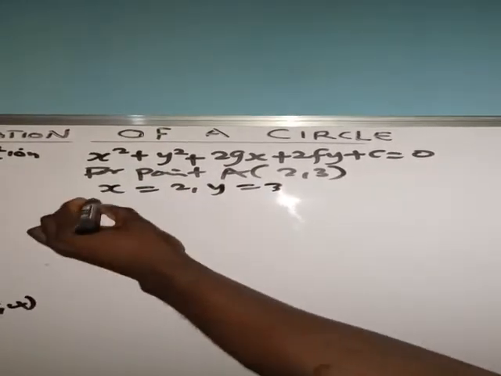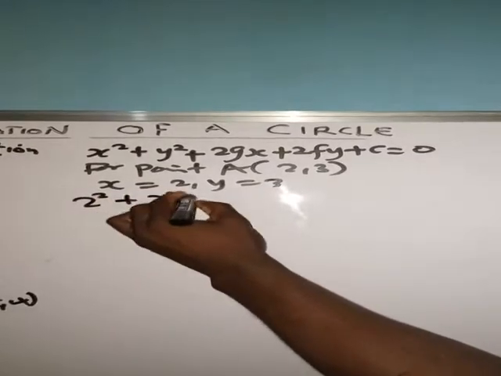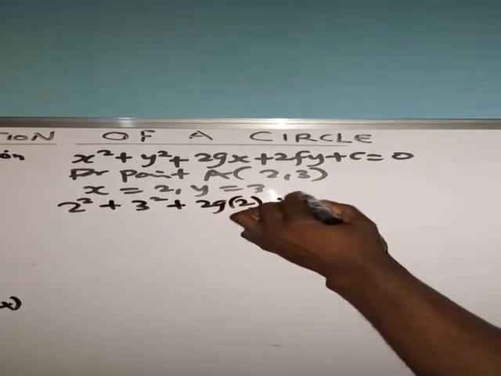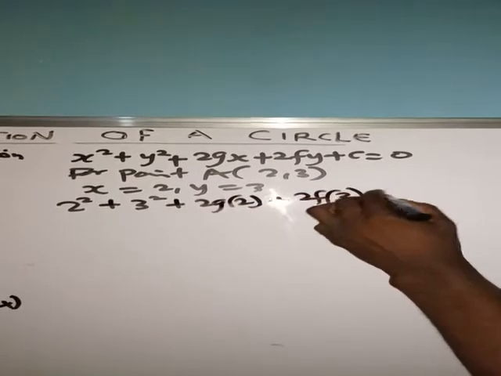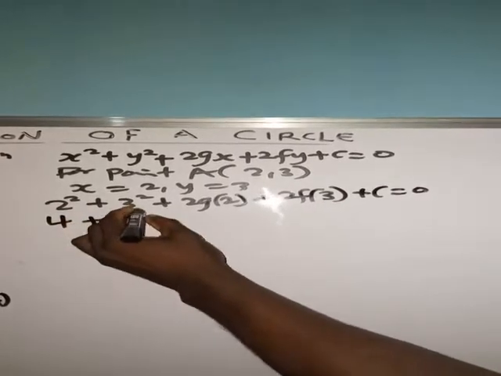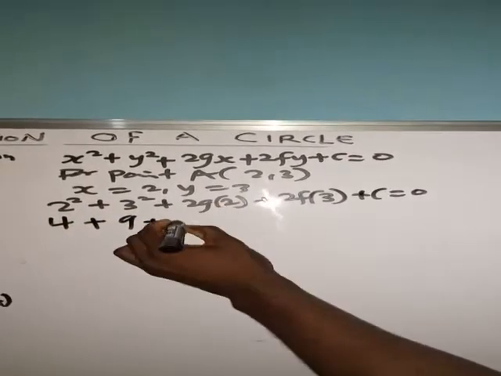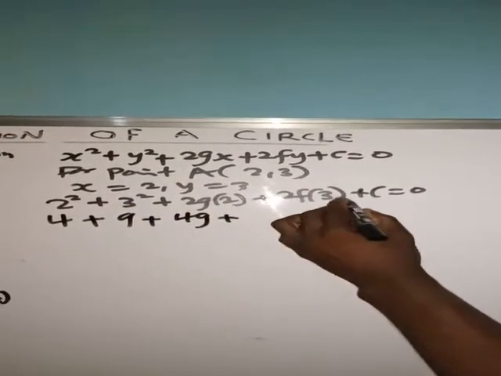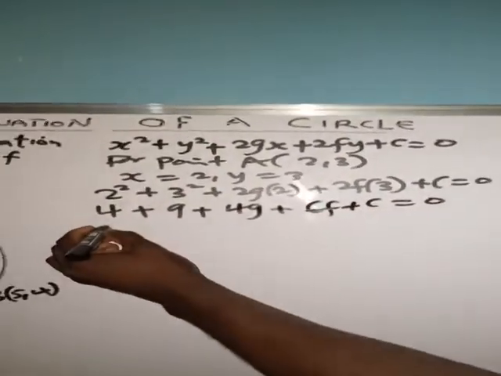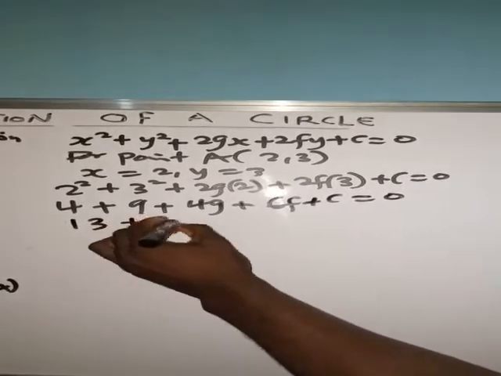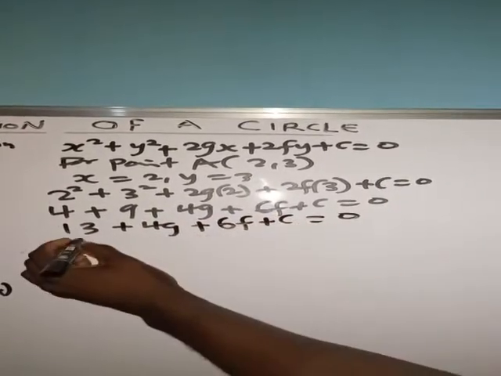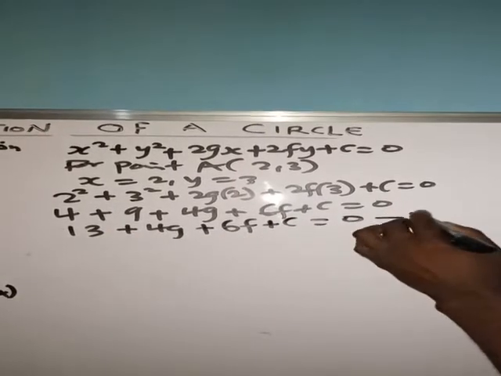So we have 2 squared plus 3 squared plus 2g times x, x is 2, plus 2f times y, y is 3, plus c is 0. 2 squared is 4, plus 3 squared is 9, plus 2 times 2, that's 4g, plus 2 times 3, 6f, plus c is equal to 0. So we have that 13 plus 4g plus 6f plus c is 0. So this is equation 1.